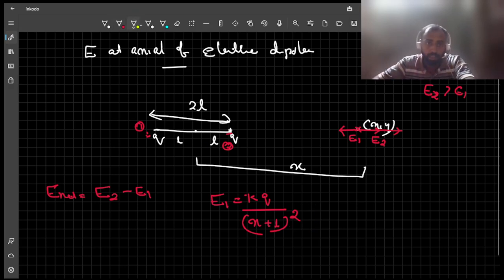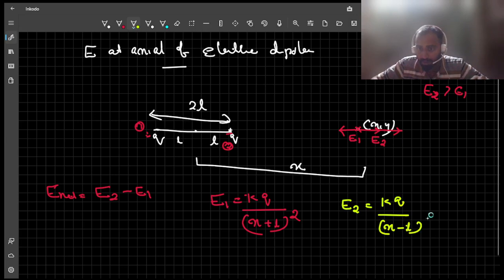So what will be E2? From the center to this dipole is x, but the distance between the plus q charge and the point is x minus L. Here kq by x minus L the whole square.